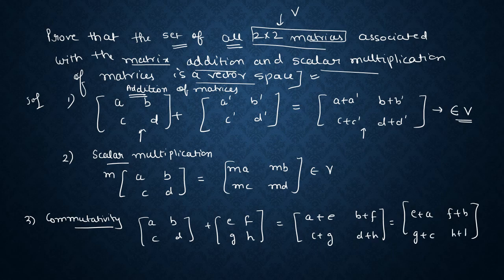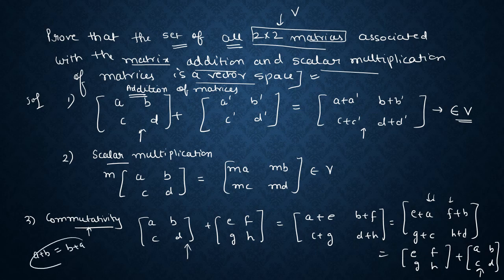It's H plus D, right? So if you split it back again, it will be E, F, G, H plus A, B, C, D. So you can see A, B, C, D is in the first part, and in the resultant it is in the second counterpart, correct? So that means it is showing commutativity, which says that A plus B should be equal to B plus A. It is following that, correct?